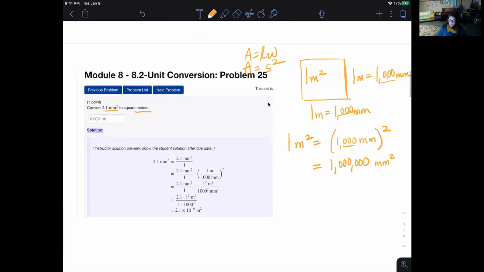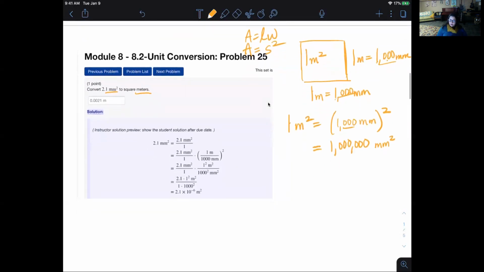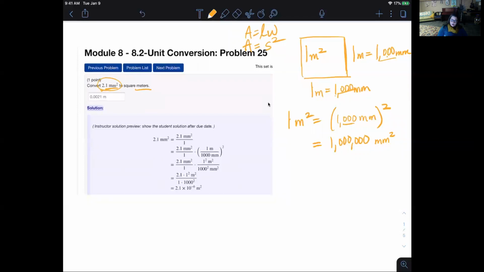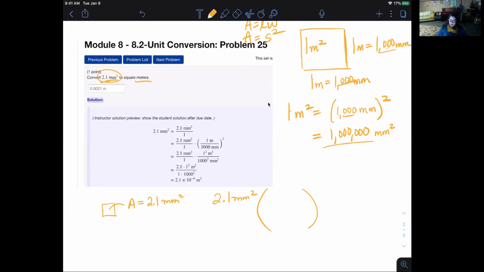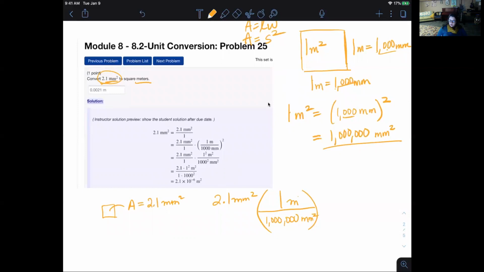Okay, so if I want to take my tiny little area, which is 2.1 millimeters squared, imagine, a millimeter is really tiny. We're going to set that up: 2.1 millimeters squared times, now I want to get rid of millimeters, so I have 1,000,000 millimeters squared is the same thing as 1 meter squared.